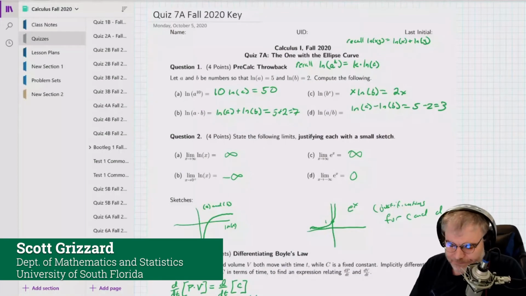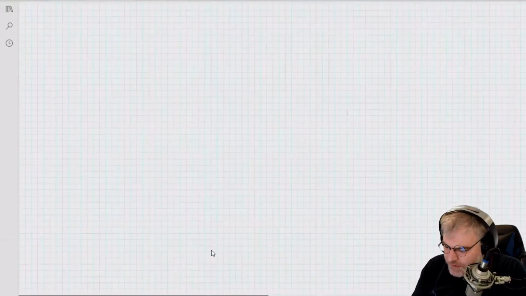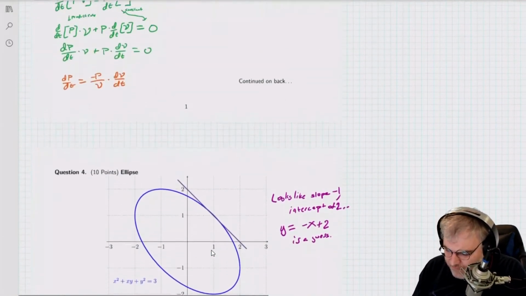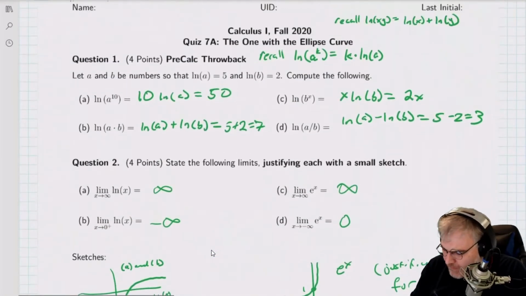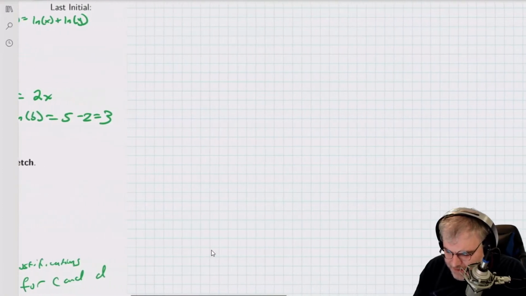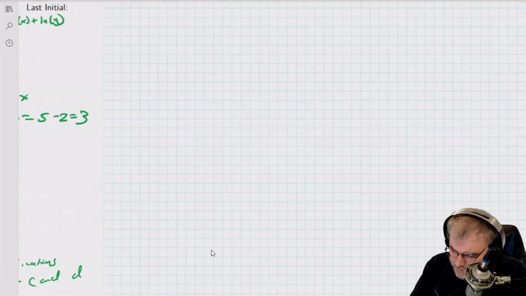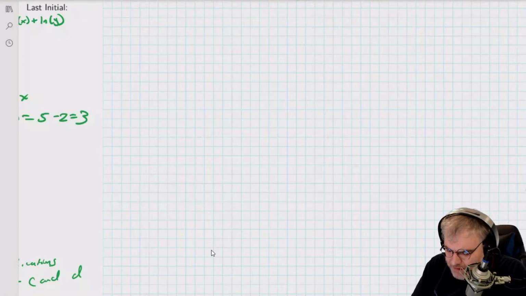Hey, that works still. Okay, so these first ones, this is stuff from pre-calc. So remember there are these rules, right? I've got these rules.